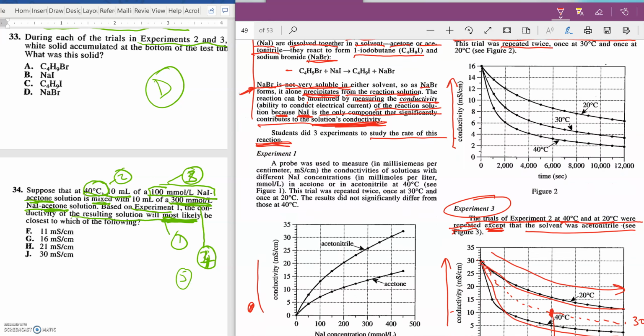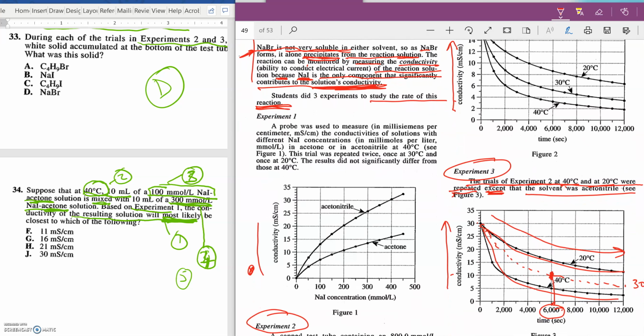Step 1 is we're looking at experiment 1, which means it would be figure 1 we're looking at. It was at 40 degrees and then it was repeated once at 30 and once at 20. The results did not significantly differ, so it is at 40 degrees. So we can use this graph here.